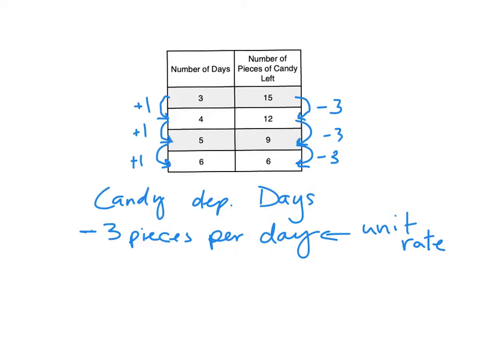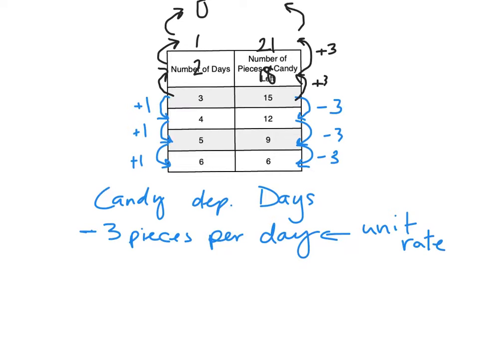And one way we can do that is we can work our way back in the table. So we can work our way back and say in 2 days, after 1 day, and get to 0 before the kids started eating any candy. So if we're going to go back, that means they've got to add 3 pieces of candy. So 15 plus 3 would give us 18. Go back another day, that would be 21.